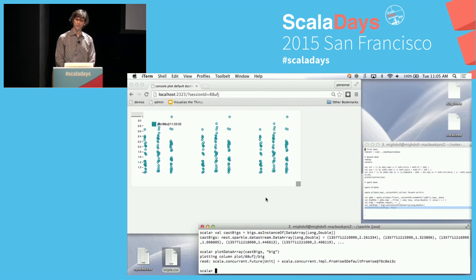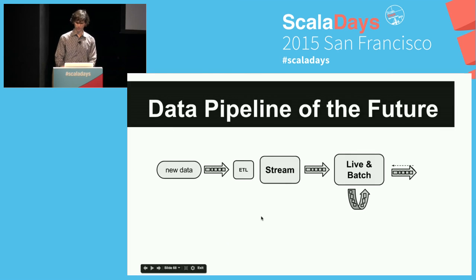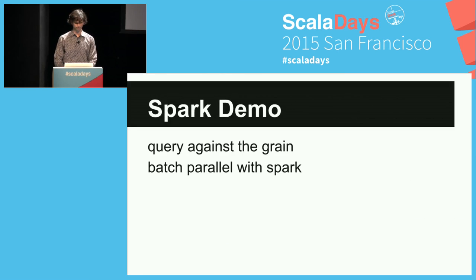Okay, so there you can start to see how the big data solutions can start to get merged with these live solutions, and also how Sparkle is starting to get useful for not just the small data problems, but also these bigger data problems.